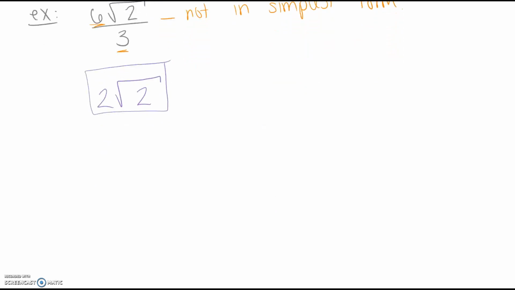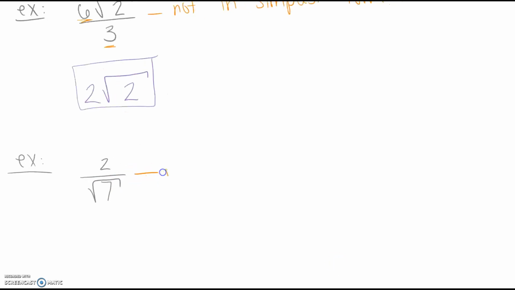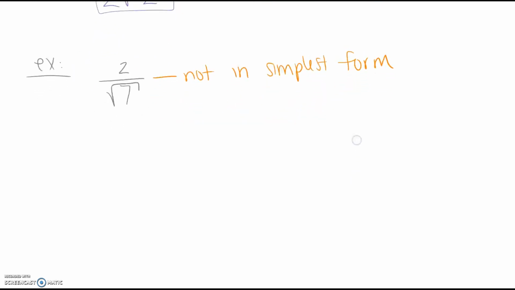Well, new thing, 2 over the square root of 7. This is considered to not be in simplest form. And this is tricky. So we don't want a denominator that is irrational.